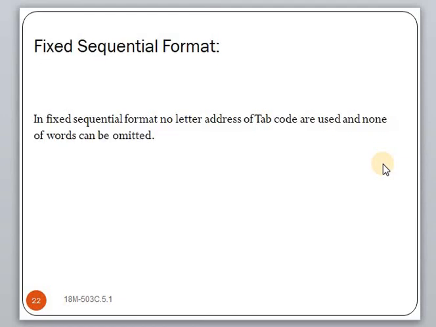Next one, fixed sequential format. This was the earliest block format used for NC machines, and it spawned the name numerical control because in this format only numbers are used.